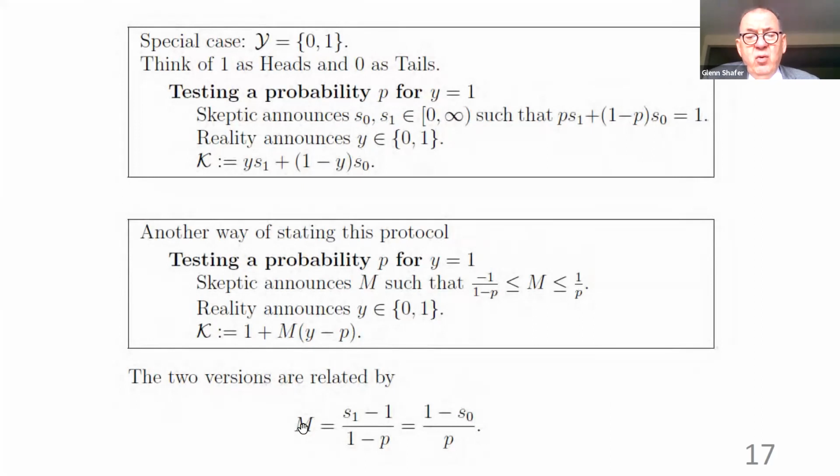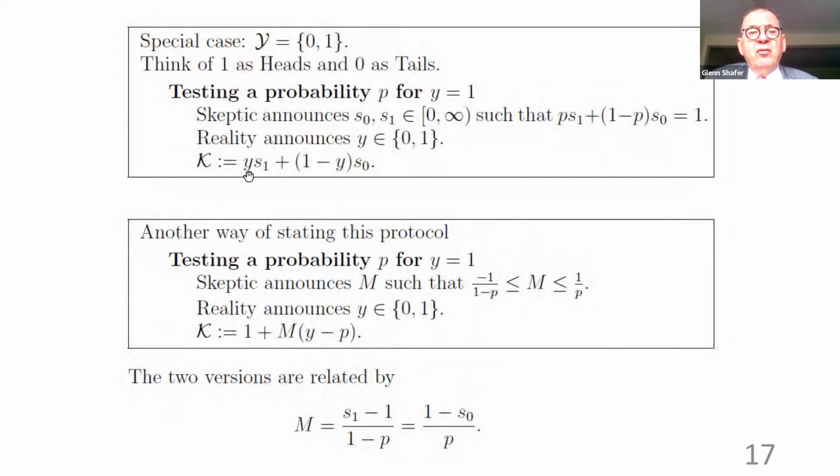And what are the possibilities for M? Well, S naught is less than 1, so M has to be less than 1 over P. S1 is less than 1, so M has to be bigger than minus 1 over 1 minus P. So M is between those two numbers.